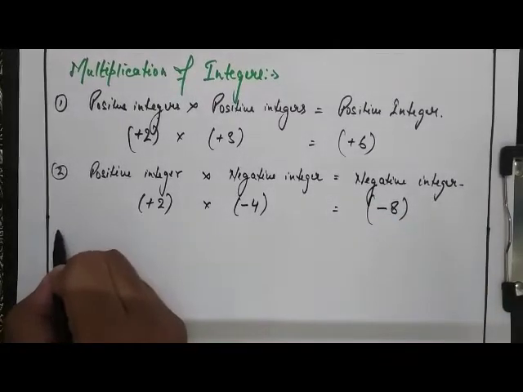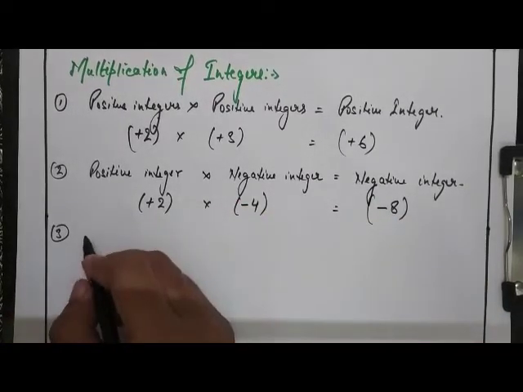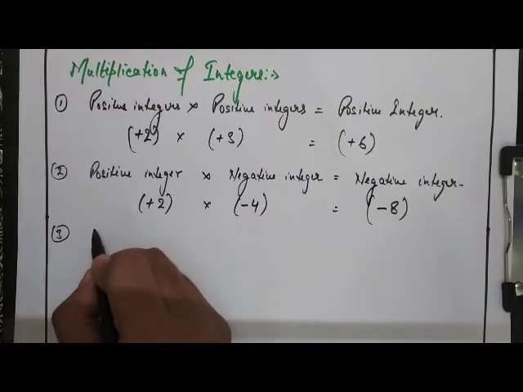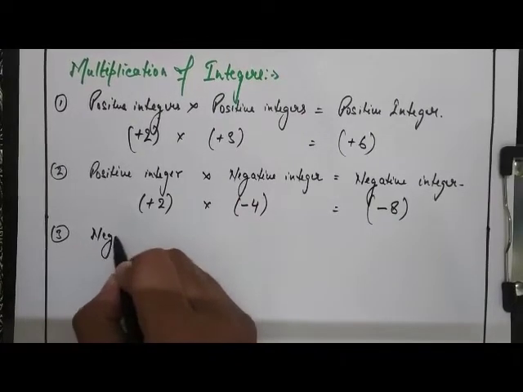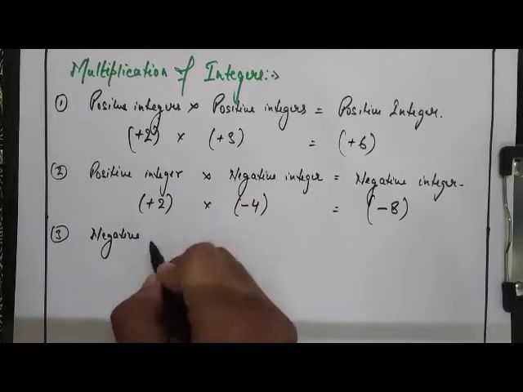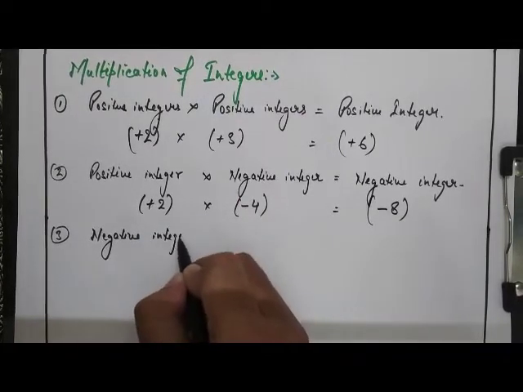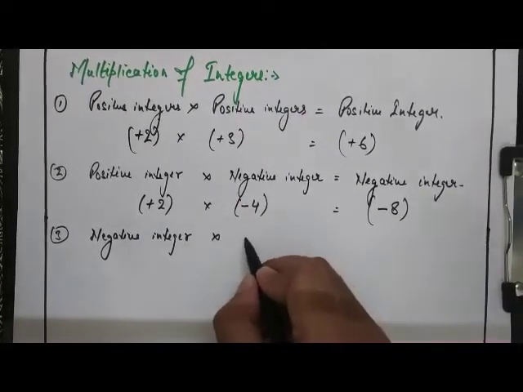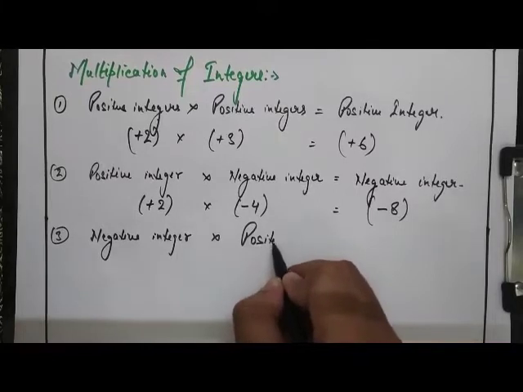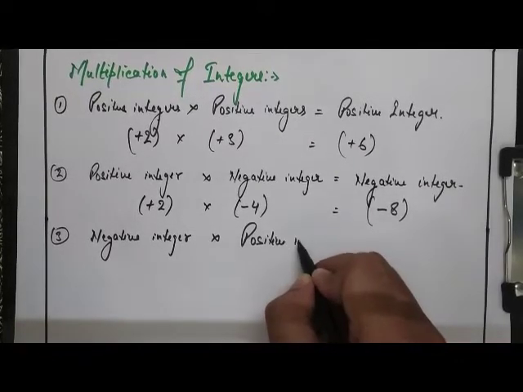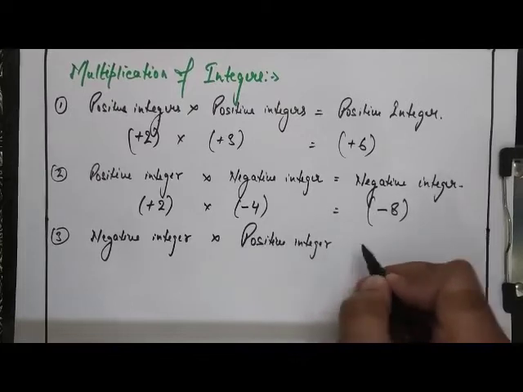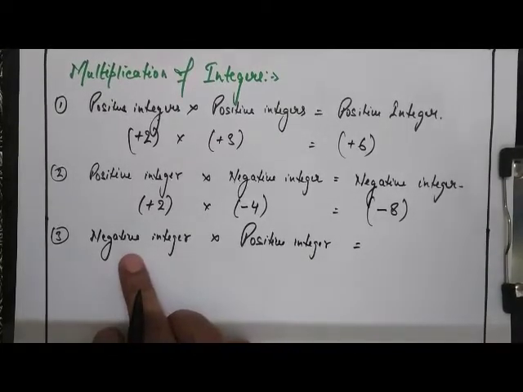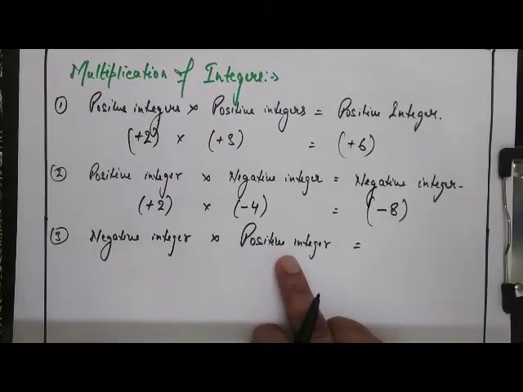Third case: what happens when a negative integer is multiplied by a positive integer?